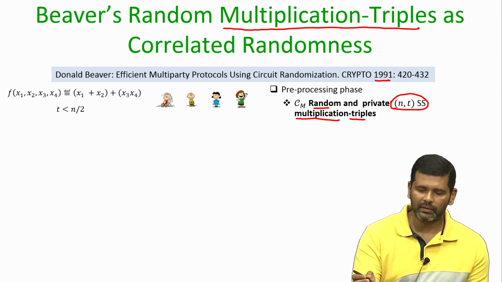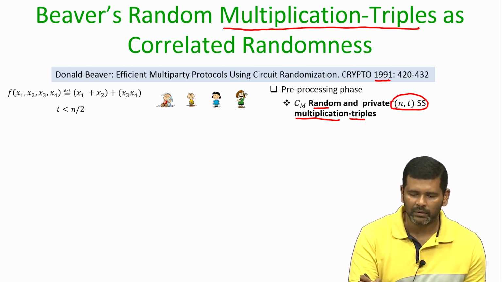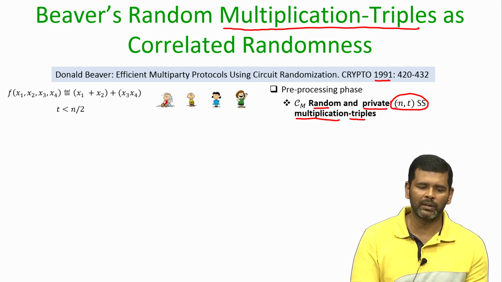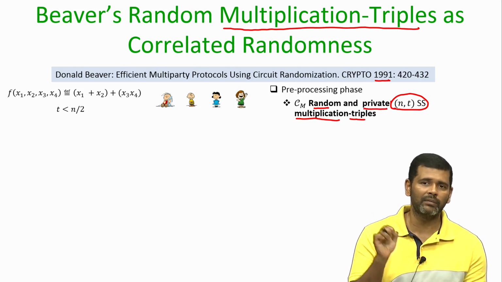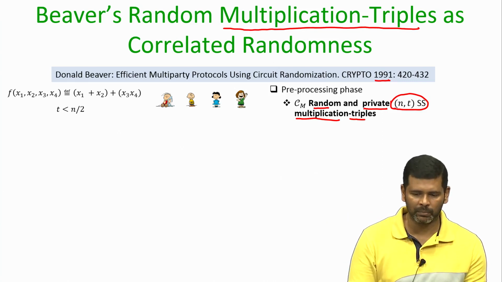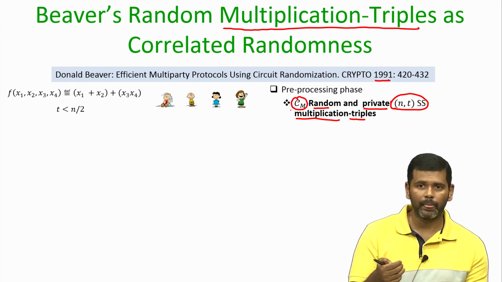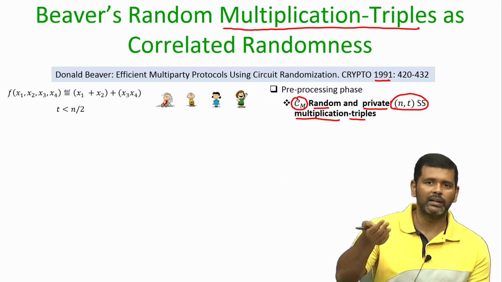So, it generates random and shared multiplication triples, and they will be private in the sense the actual value of the multiplication triples will not be known to any party, but the parties will just have their respective shares of those triples.